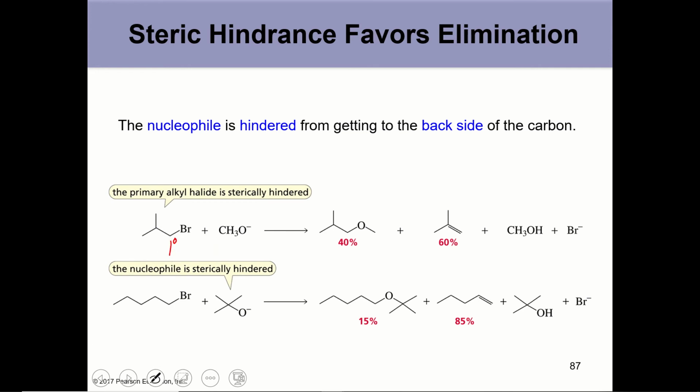So here we have a primary carbon bonded to bromine, and that is the alpha carbon. Remember, the carbon bonded to the alkyl halide is called the alpha carbon, and then the adjacent carbon is the beta carbon.